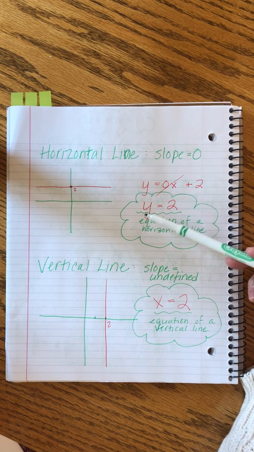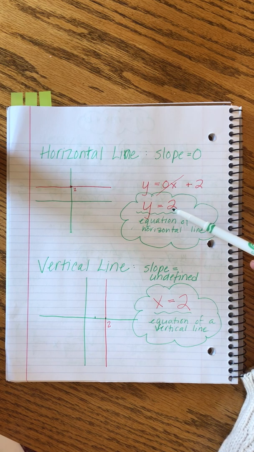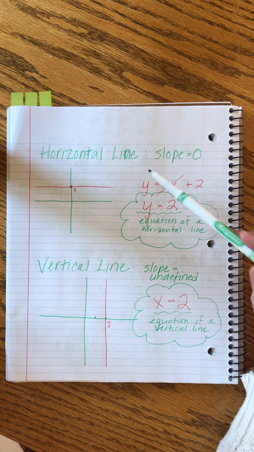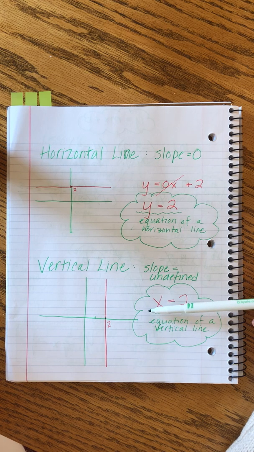His x term just drops out though because the slope is 0, and so it's just the y-intercept only at the end, right? But the vertical line is even weirder because it doesn't even say y equals, right? It just has an x.